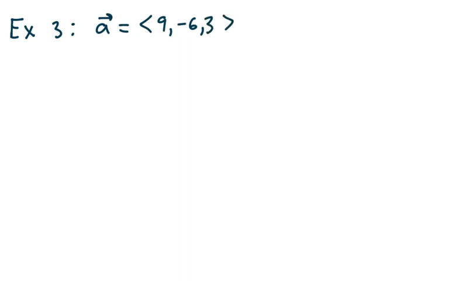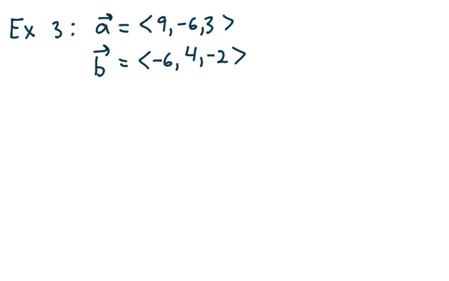Suppose A, we'll call this example 3, suppose A is the vector 9, -6, 3, and B is the vector -6, 4, -2.